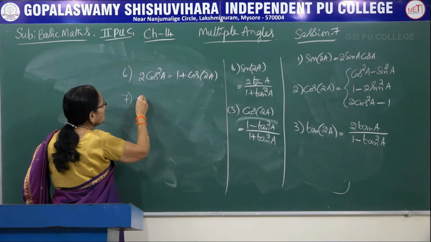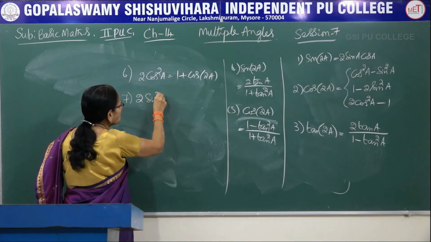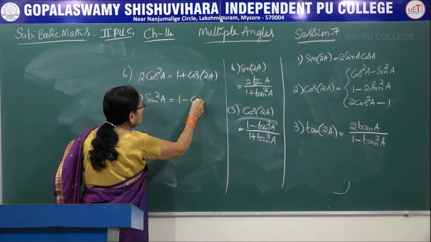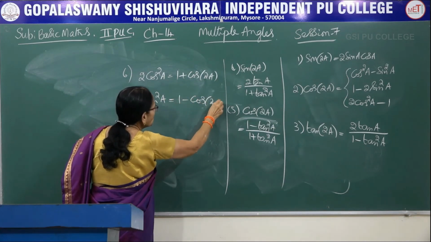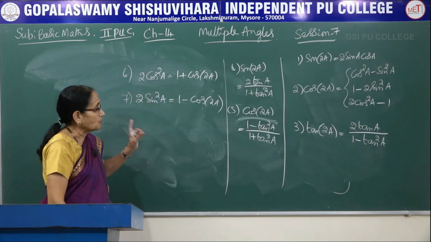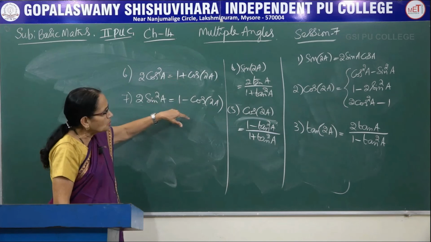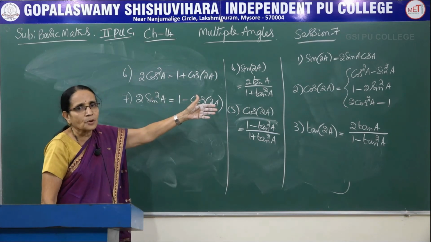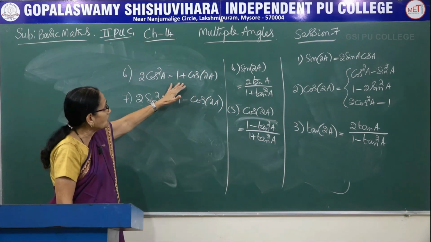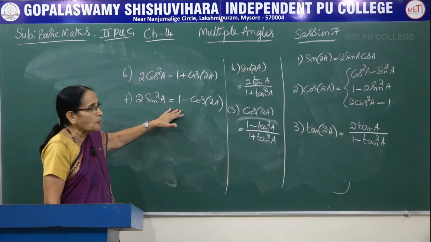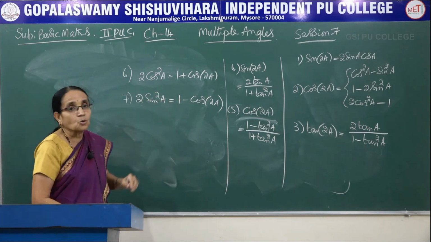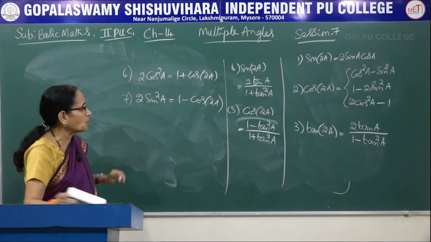The seventh one: 2 sin square a can be written as 1 minus cos of 2a. With those 5, for derivation purposes, you will be getting any one of them. These 2 are only a rearrangement of the formula of cos of 2a. So whenever we come across such an expression in the problem, if you remember these results, it would be easy for you to solve the problem.